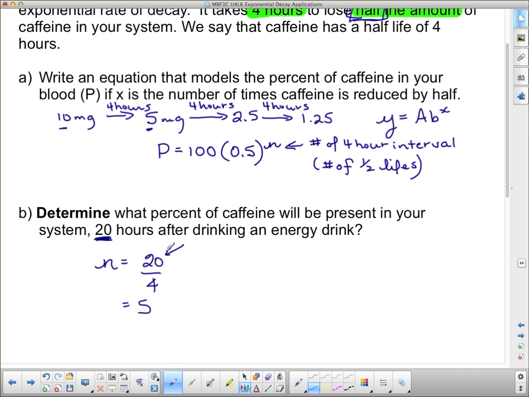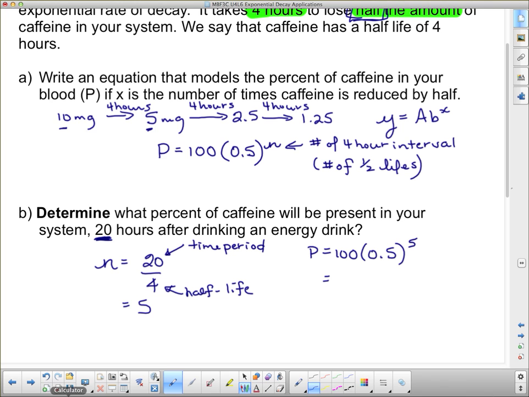So this 20 was our time period, and this 4 is our half-life. So now we're going to plug it into here. Percent equals 100 times 0.5 to the, well, it was 5 half-lives, so it has to be to the 5th.